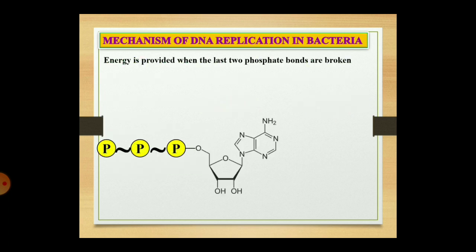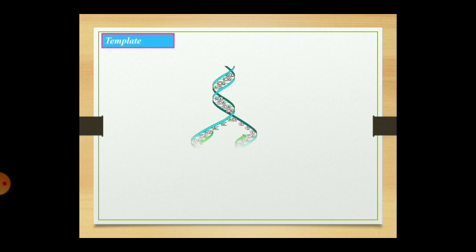Energy is provided when 2 phosphate bonds are broken down, and that energy is utilized for synthesis of DNA.